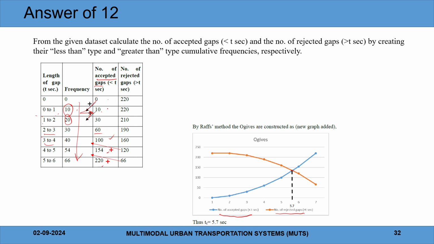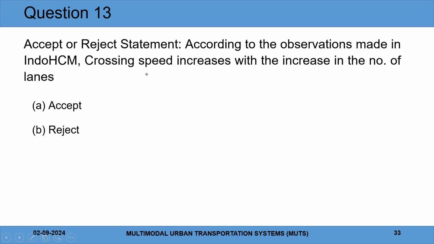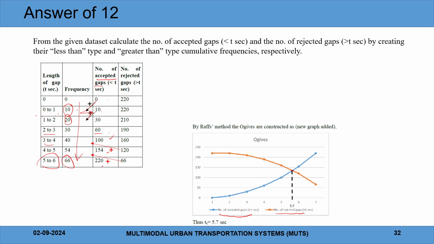So total it will be 0, 10, 30, like that. Again, for this particular case, 66 people are rejecting that gap. So the number of rejected gaps greater than t seconds is 66.